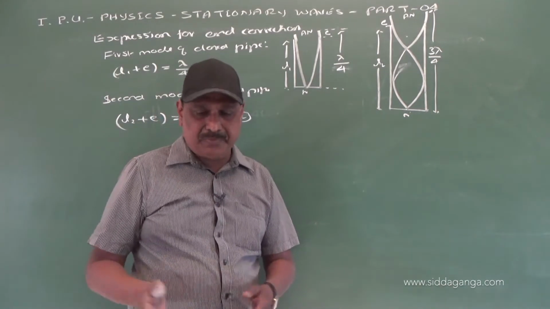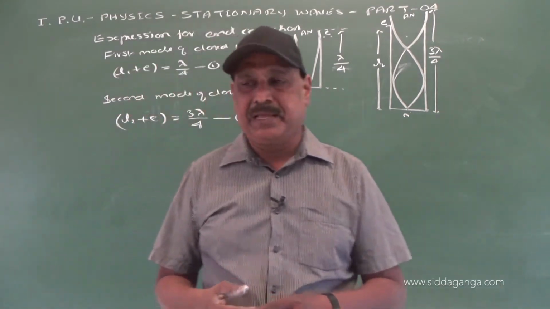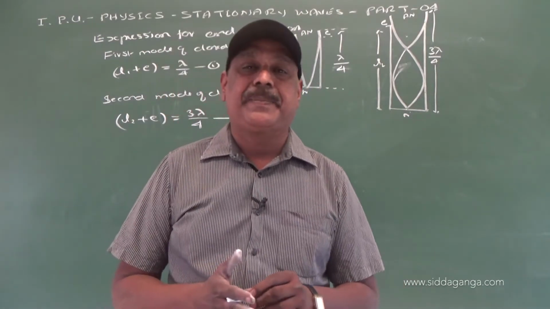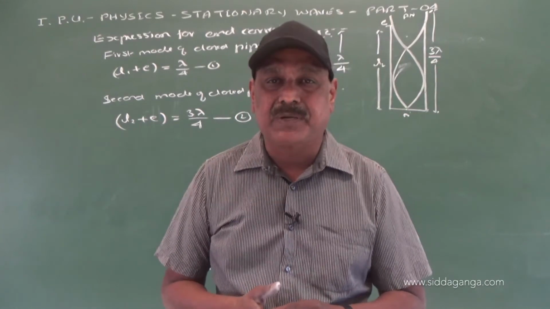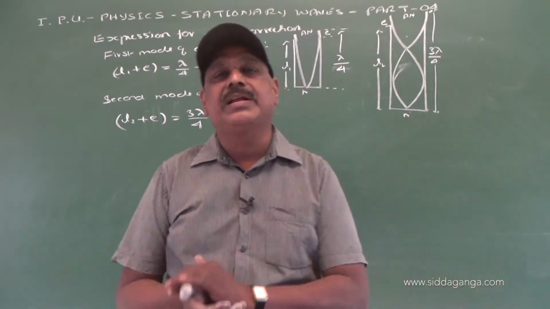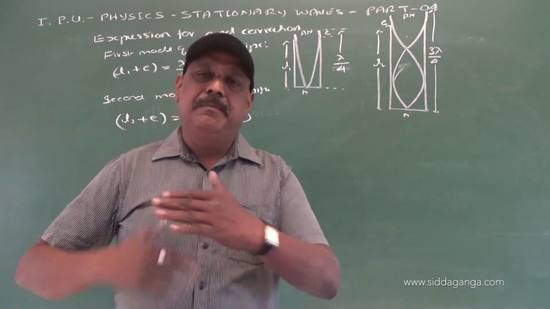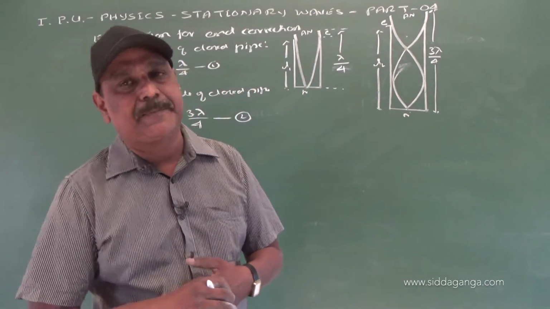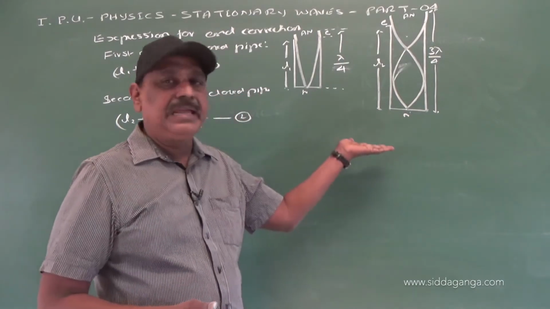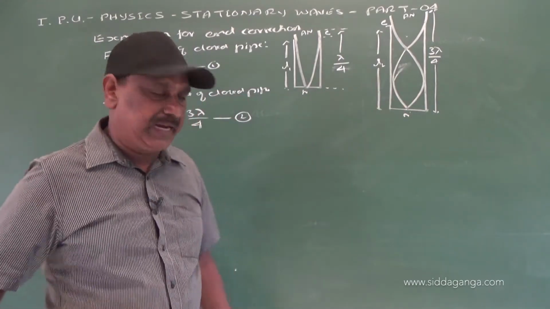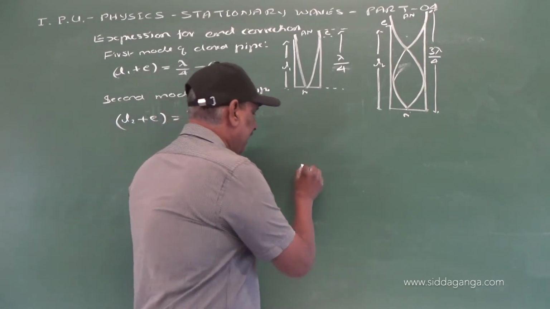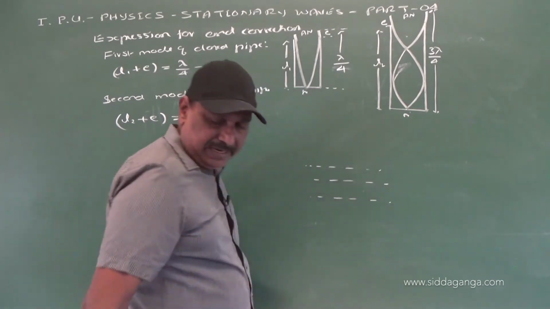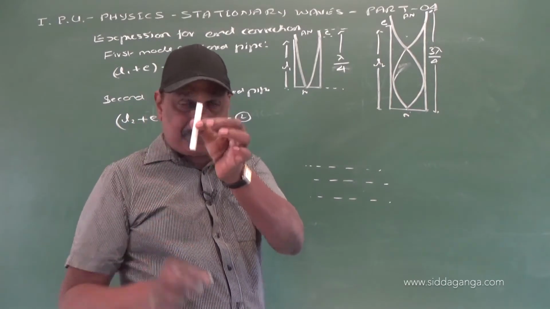So we are having an experiment, that is the resonance column experiment, to determine velocity of sound at 0 degree Celsius or NTP by measuring velocity of sound at room temperature, where we can increase the length of the pipe. When we take some water here, just imagine that it is an open pipe.